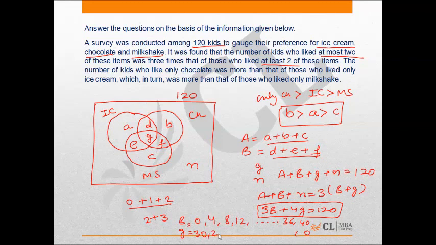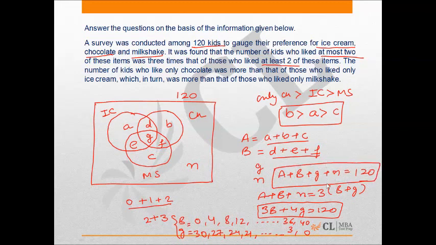Similarly, G will decrease with the value of 3, 24, 21 and so on, 3 and 0. So these are the possible values which B and G can take, right? So from the given condition I could determine the possible values of B and G, and from here I will proceed with the set, right?